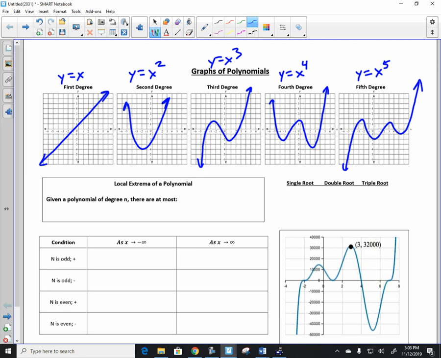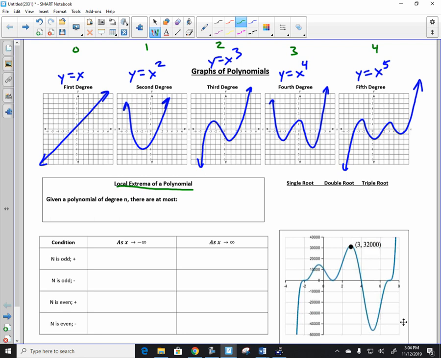And so part of what I want you to understand, if you look at the maximums or minimums or the bumps within the graph, this first one has 0 bumps. This second one has 1 bump. This next one, this third degree, has 2 of those bumps. This fourth degree has 3, and this fifth degree has 4. And so this part says local extrema of a polynomial.